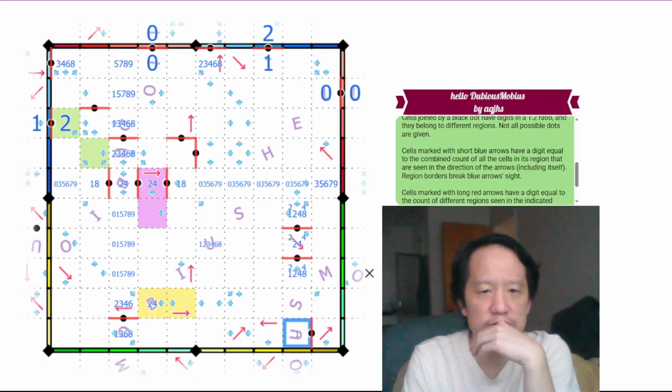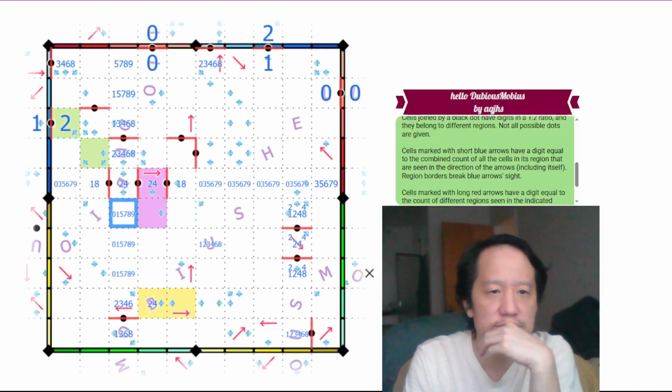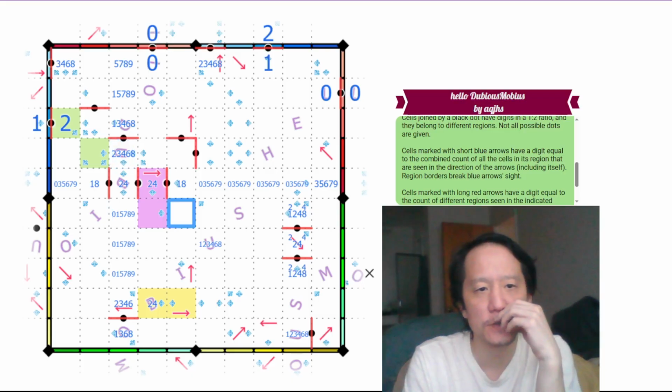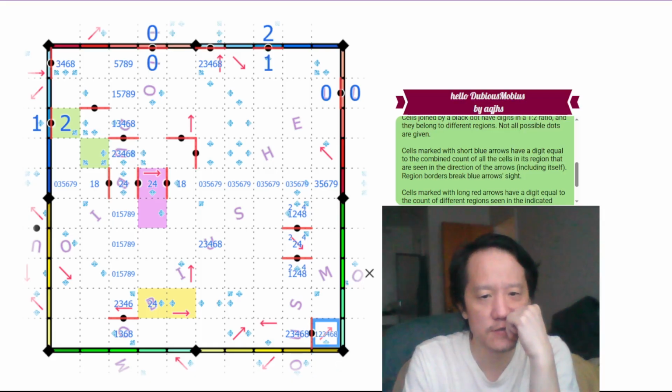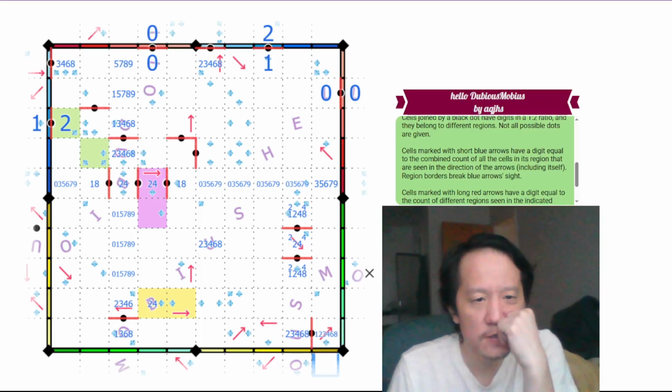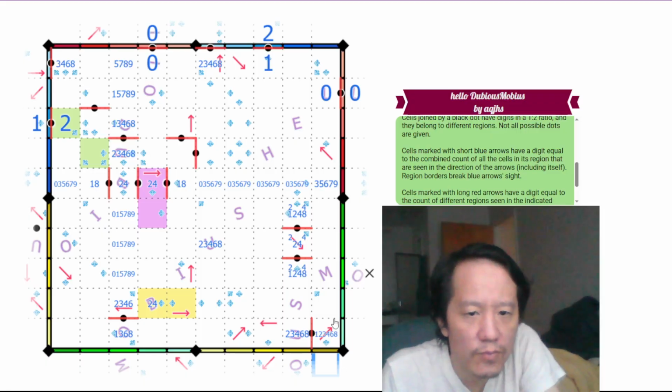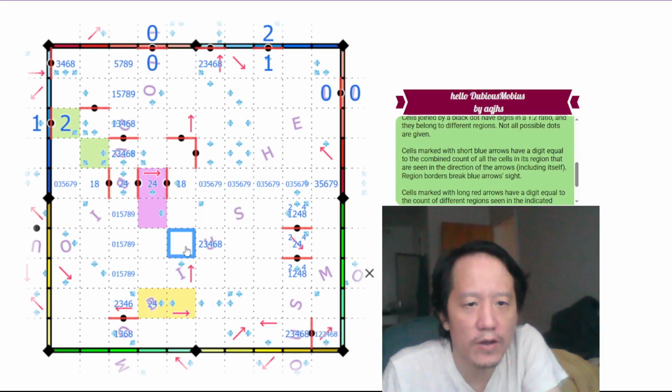This is 1, 2, 3, 4, 6, 8. Right, so this matches this. So the U's match. So this can't be 1. This can't be 1. This is 1, 2, 3, 4, 6, or 8.